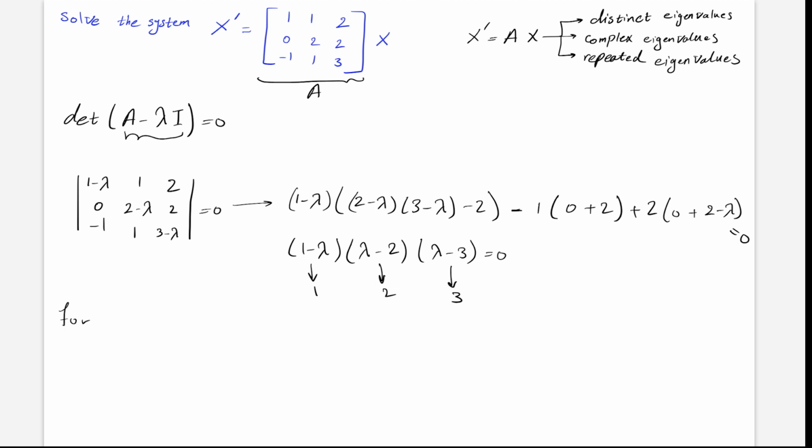For lambda 1 equal to 1, we need to find the corresponding eigenvector.